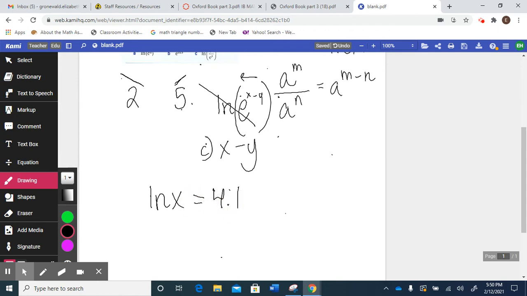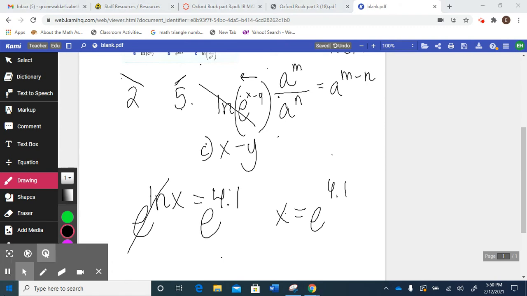In order to get to the x that's in the natural log, I would go ahead and take e to both sides, and those push both sides up to a power. That's why I wrote it kind of big. So that would cancel out the e and the natural log, and you're just left with x equals e to the 4.1, which is just a number. So let's figure out what that is.